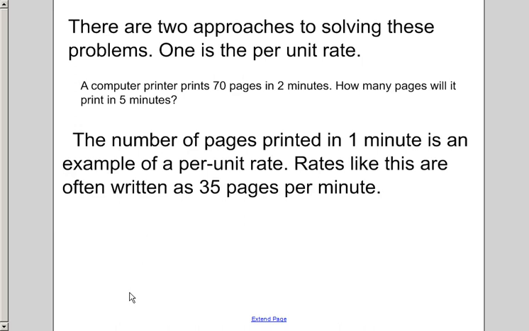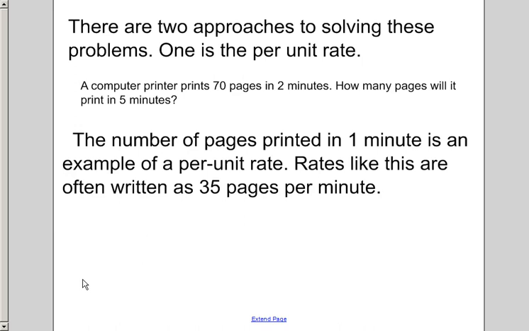Rates like this are often written as 35 pages per minute. All right, so the steps in solving this problem would be, first of all, find the number of pages printed in 1 minute. Because 70 pages are printed in 2 minutes, the number of pages printed in 1 minute will be 70 divided by 2, or 35 pages per minute.